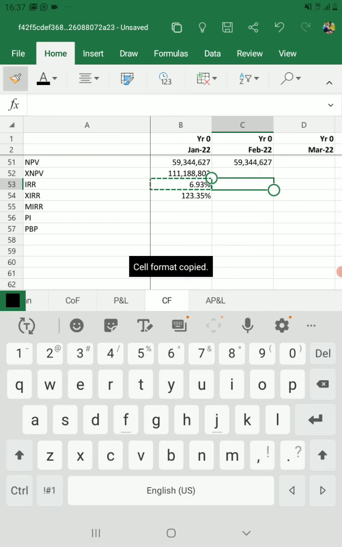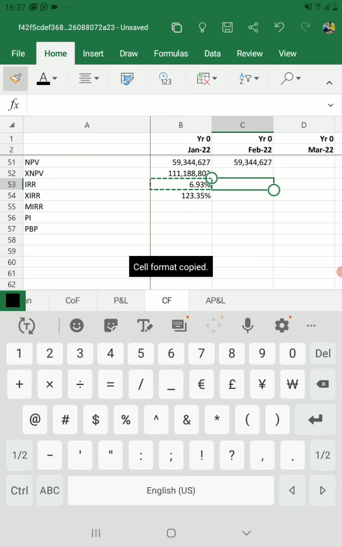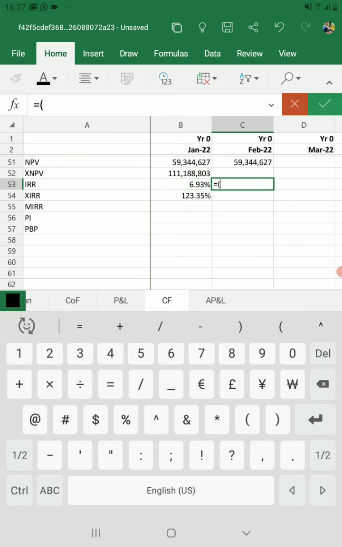So I put the formula there, starting with equal sign, open the bracket, 1 plus this monthly rate, close the bracket, and then raise it to 12 periods within a year, and then minus 1. So I compound it.